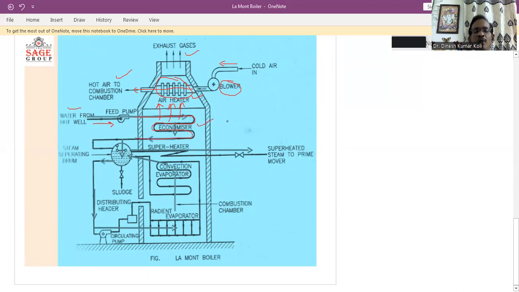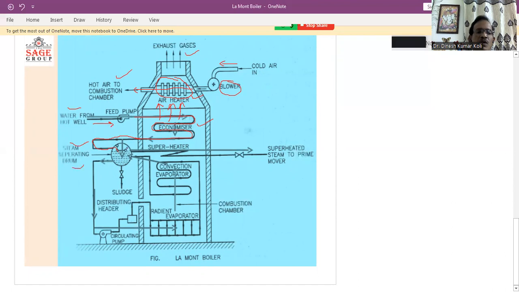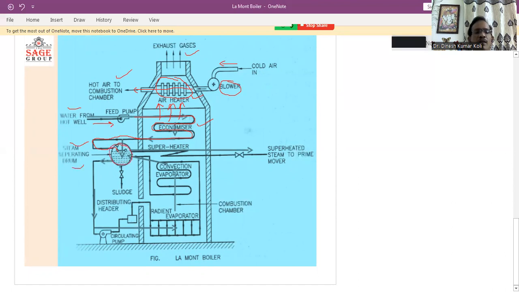In the economizer, because we are utilizing most of the sensible heat, most of the heat of the hot gases is utilized in the form of sensible heat to heat the water. Then after being heated in the economizer, the water goes to the steam separating drum. This is the steam separating drum where the water comes from the economizer.